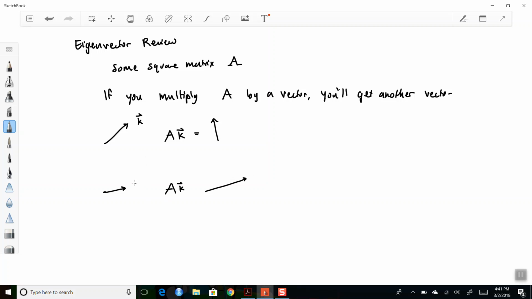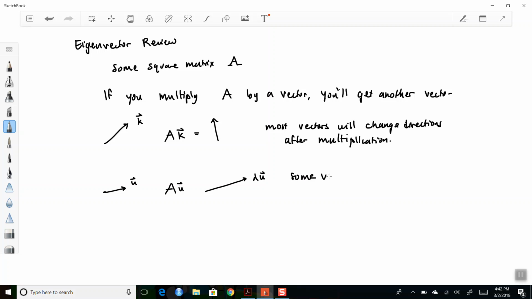So A times u just ends up being a scalar multiple of u itself, okay? Many times, most vectors will change directions after multiplication, but some vectors still point in the same direction.